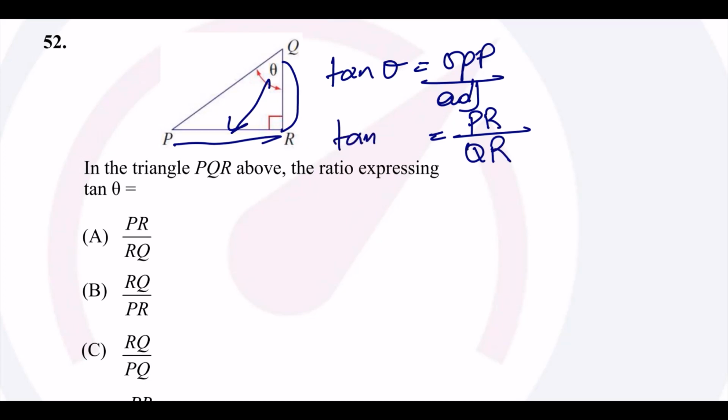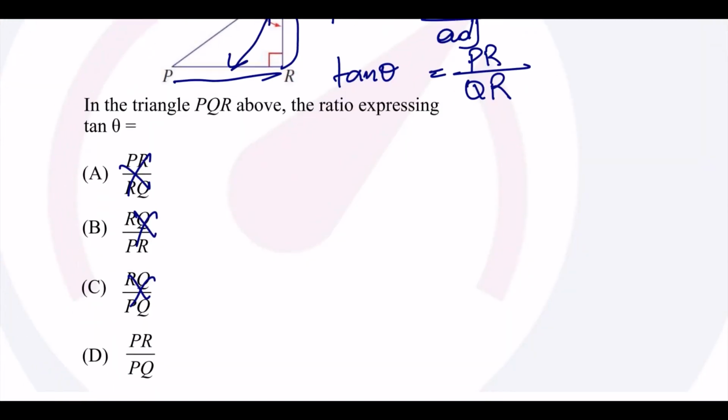So tan of the angle will be equal to PR over QR. So it's going to be D, PR over QR.